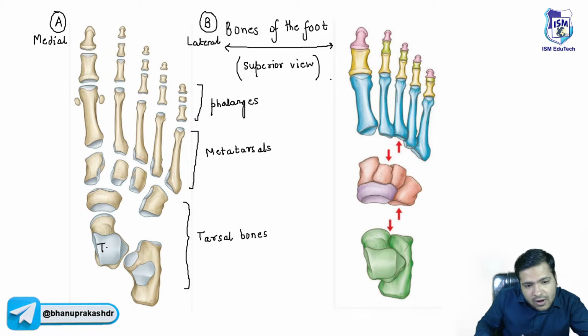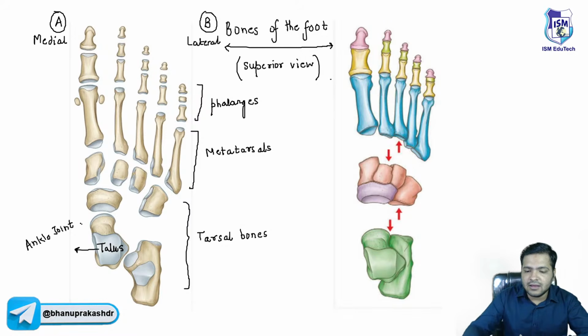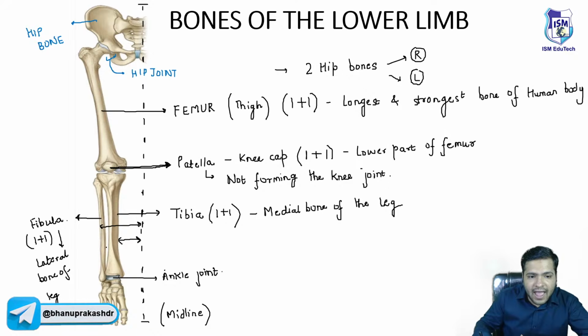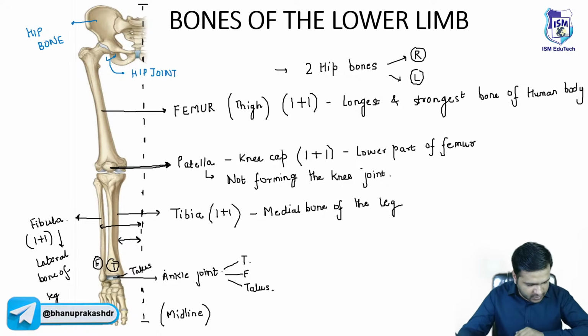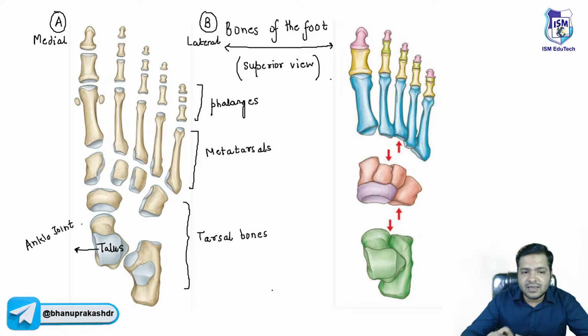You can see this bone, it is called the talus, and this will form the ankle joint. If you look carefully at the ankle joint, which bone is this? Tibia. Which is this? Fibula. And which bone comes below? Talus. So the ankle joint is formed from tibia, fibula and talus.